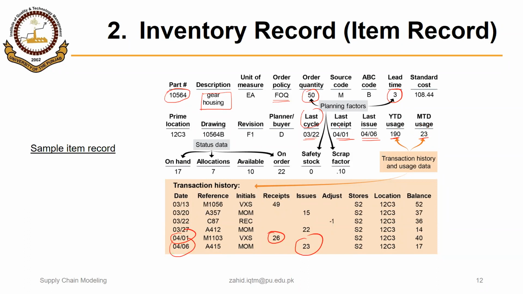And you can see that although we have 17 items on hand, that is here from the column titled balance, we can see that we have 17 items, but 7 out of them have been allocated. So actually we have 10 items available that we can issue.